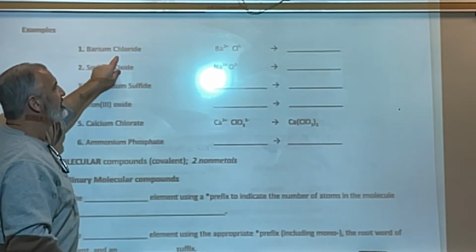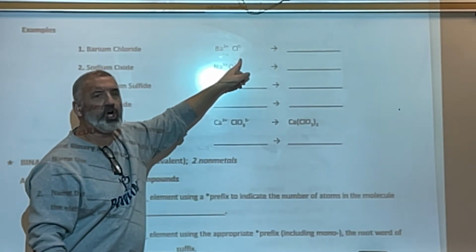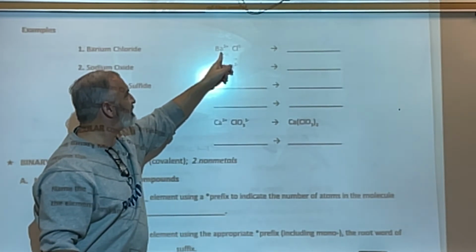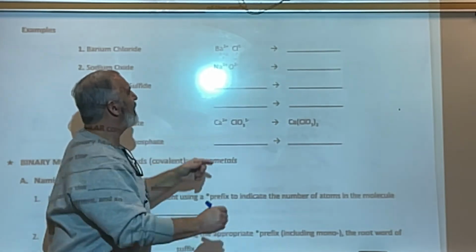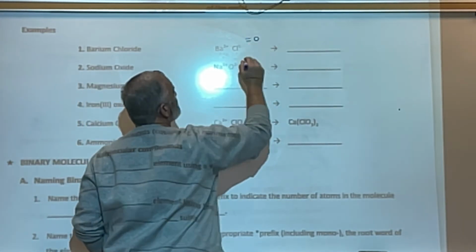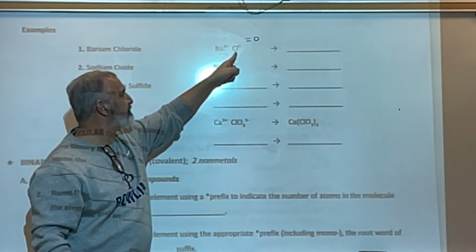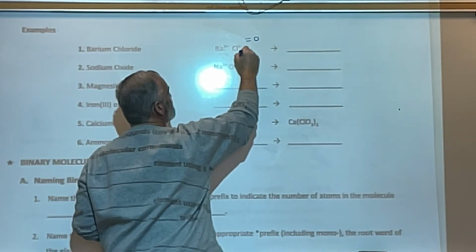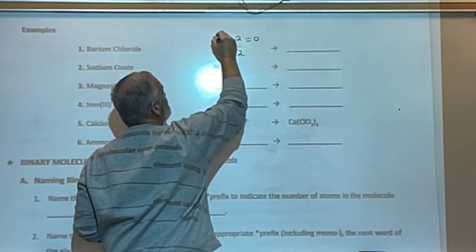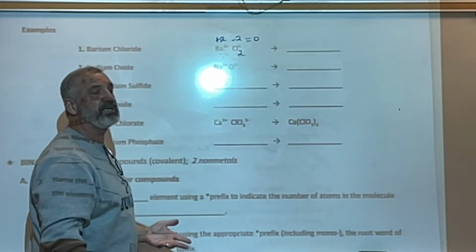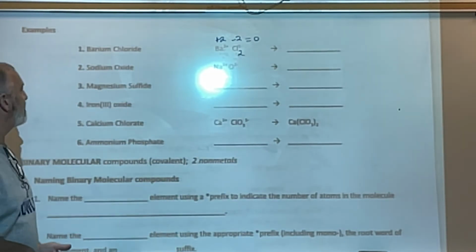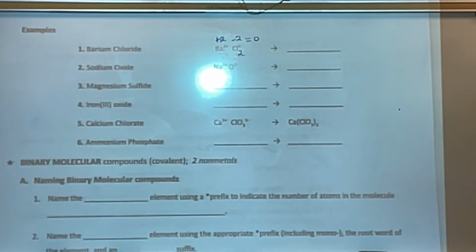So you just write the symbol and charge for each one. Barium's +2, chloride's -1. Well, I have to make those charges equal to 0. Well, that means if I have a +2 and a -1, I need 2 of these things. Because then I'll have -2 and I'll have +2, and it's going to equal 0. Okay? Let me make that a little bit bigger. It might be a little bit easier to see.